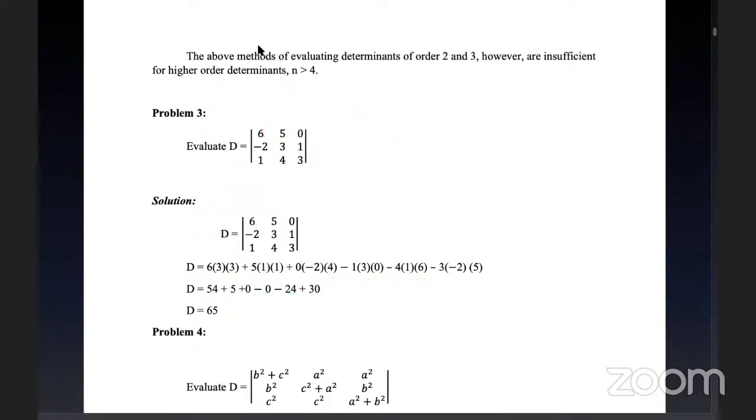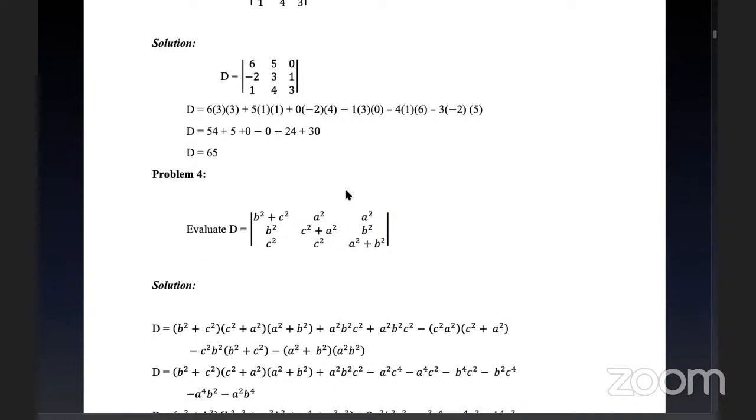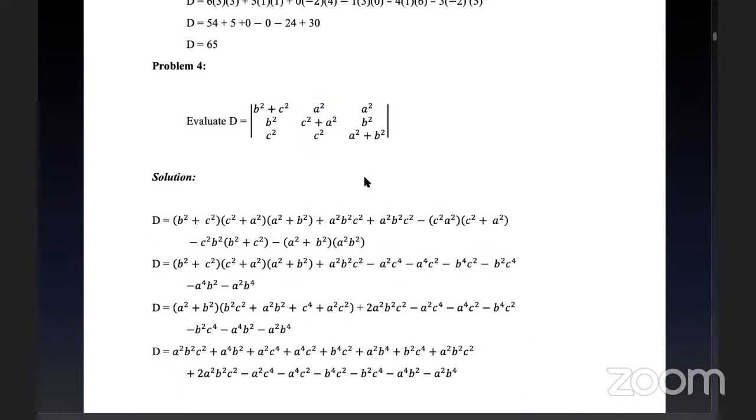Okay. Now let's go to problem number 4. Ayan. So the same idea, since 3 by 3 lang din to. So in this case, given tayo ng mga letters. Okay. So our variables. So b squared plus c squared. So these letters, as long as merong given conditions, we can actually determine, or kung equation man yan later, we can be able to determine these values.